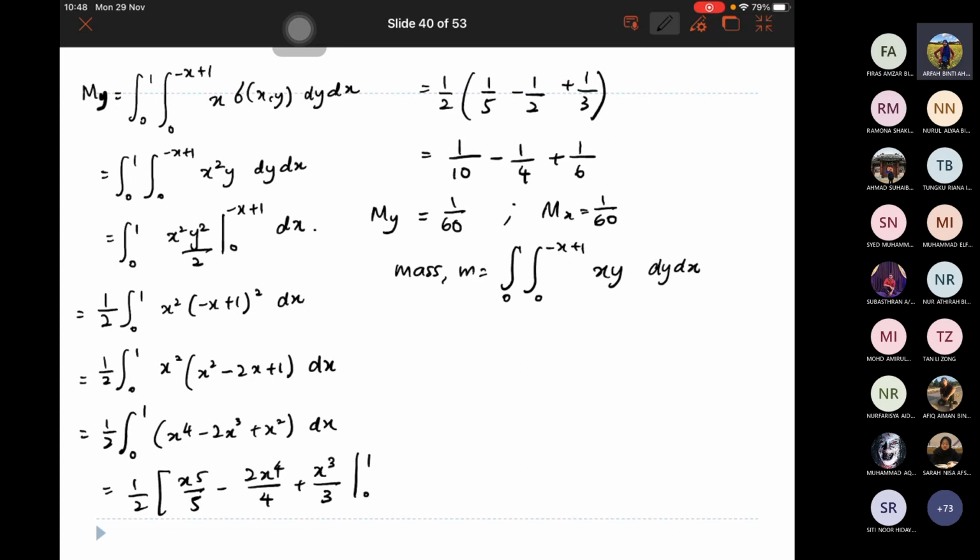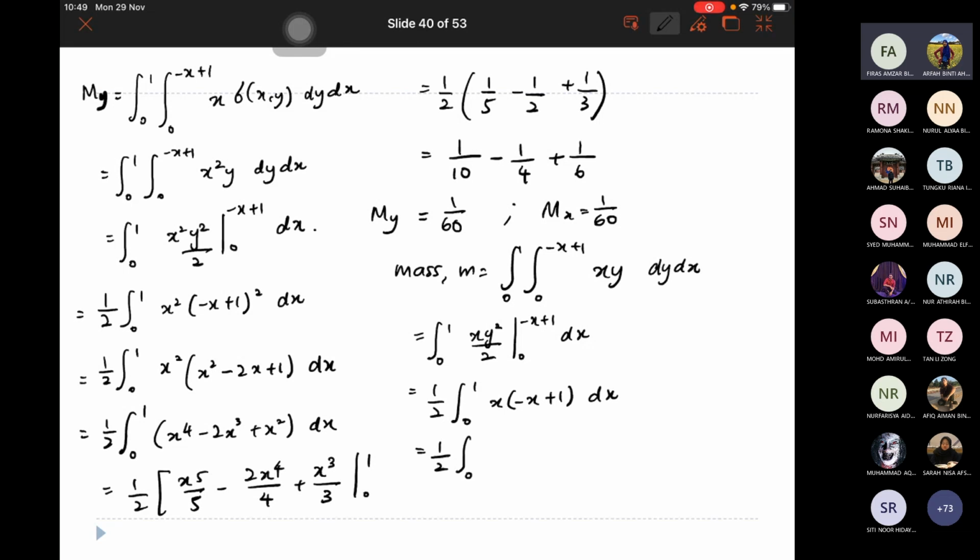So akan dapat integrate 0 sampai 1 x, y kuasa 2 per 2, 0 negatif x tambah 1, dx. 1/2, 0 sampai 1, x darab negatif x tambah 1 dx. 1/2 integrate 0 sampai 1 negatif x kuasa 2 tambah x dx. 1/2 negatif x kuasa 3 per 3 tambah... Dia ada x square, doktor. Yang mana? Y square. Y square.